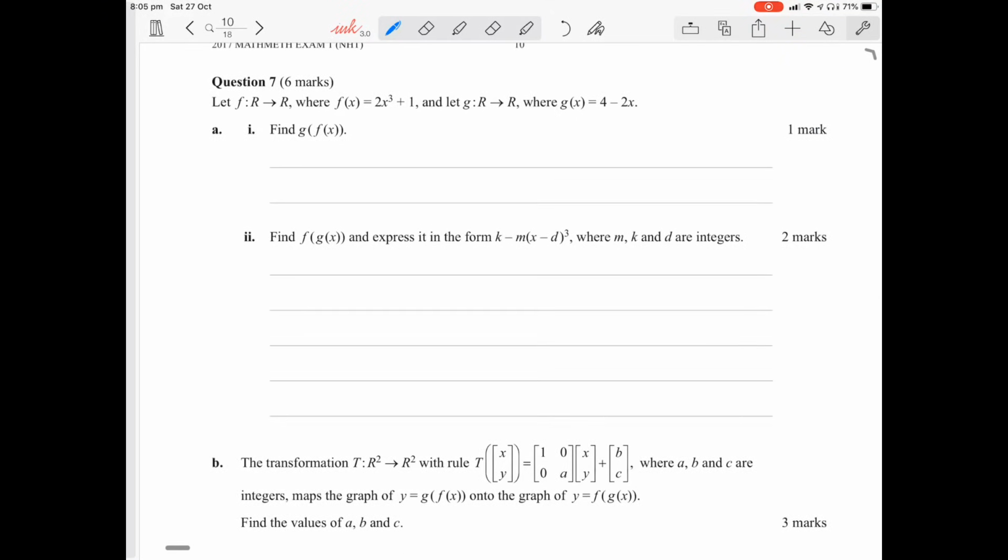This looks fun. G of f of x. So G of f of x, I just said that like 4 times. So 4 minus 2, 2x cubed plus 1. 4 minus 2 is 2 minus 4x cubed.